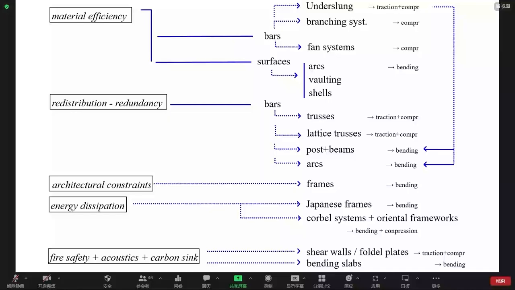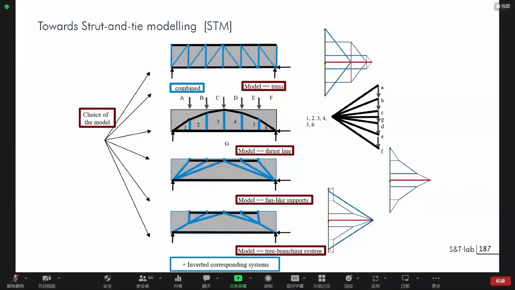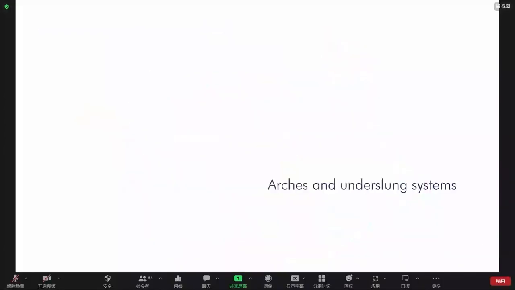So let's have a look at this as an example. You remember I mentioned the dual representation between truss analogy and bending system. You will see again this kind of system with truss lines, fan-like supports, and tree branching systems appearing in the examples I will be showing, and the examples that Sylvain will be showing inside of VGS.